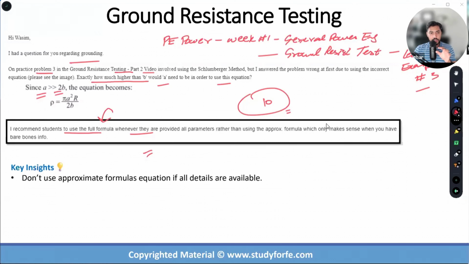Don't use the approximate formula, because then you may miss out on the accuracy of your answer. Is that clear, guys? And that is a general position that I have when it comes to any of the approximate formulas.